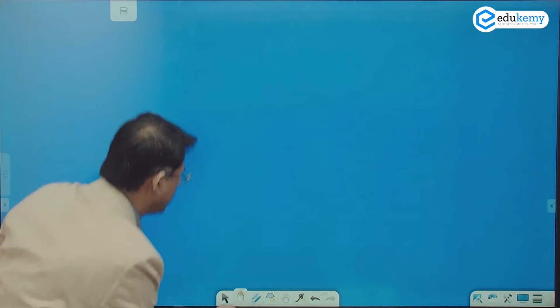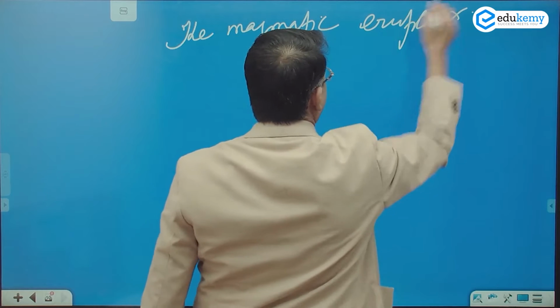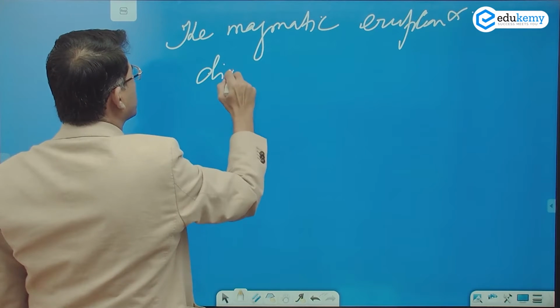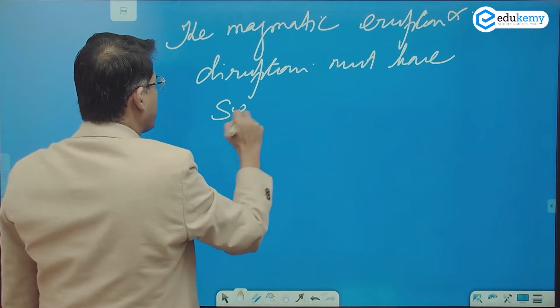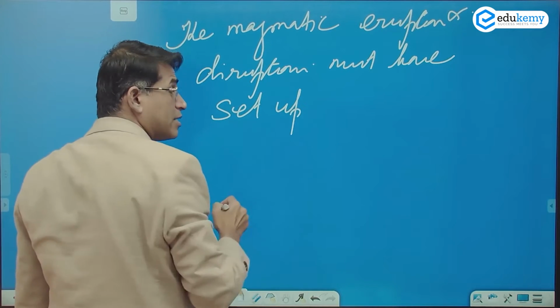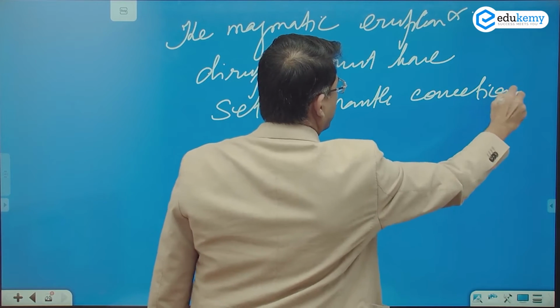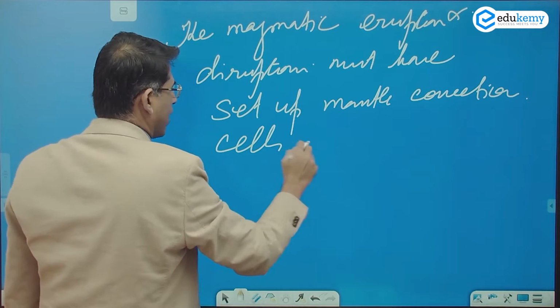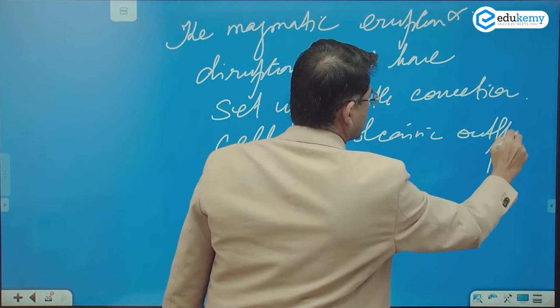The magmatic eruptions and the disruptions must have set up mantle convection cells and volcanic outflows. Make sense?